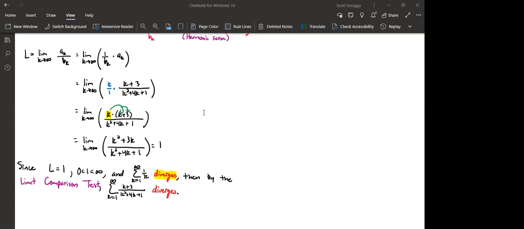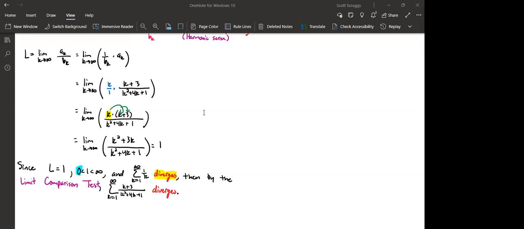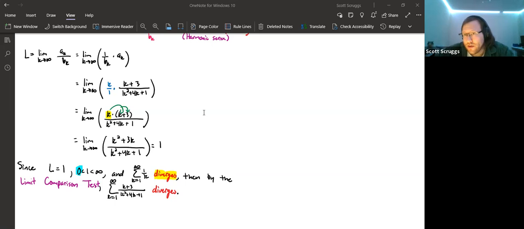Similarly, if you get that L is equal to 0, then you better have that the series you compare with converges, because the standard limit comparison test would say that your series will converge. However, if the series you compare with diverges and you get that L is equal to 0, we should go back and double check our work.